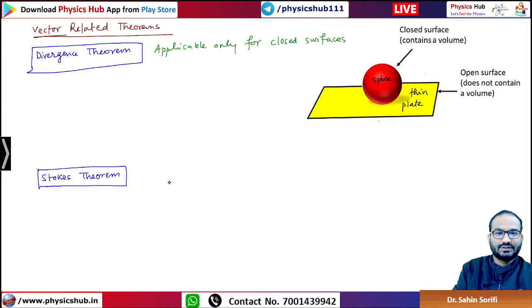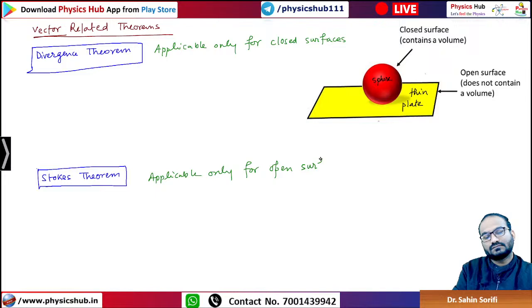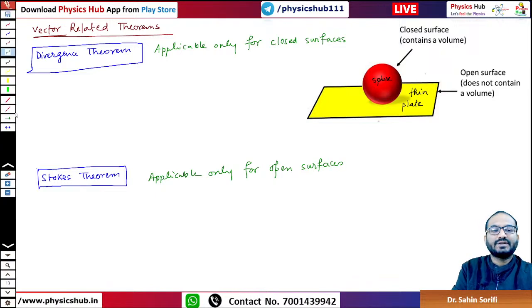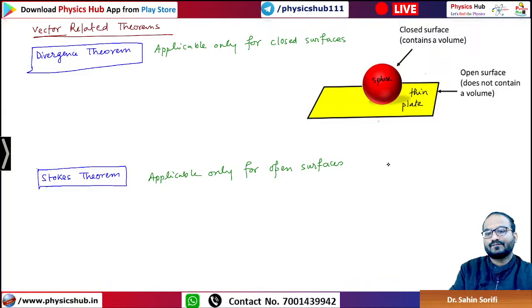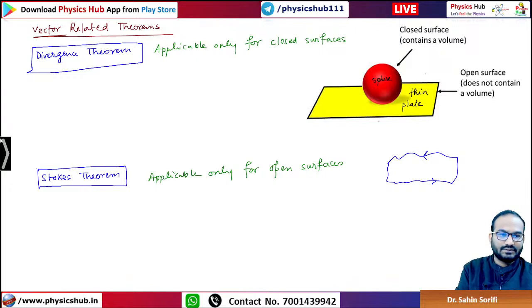On the other hand, Stokes theorem is applicable only for open surfaces. Open surfaces like this. This is an open surface, it doesn't have any volume. Open surface is bounded by some curve. You see, this is the curve which is bounding the open surface. So the Stokes theorem is applicable for open surfaces.